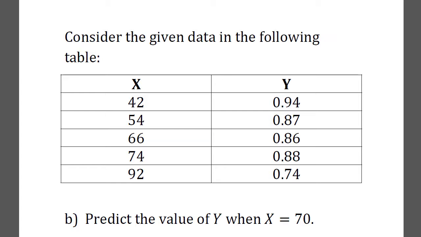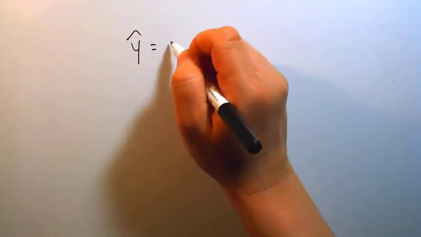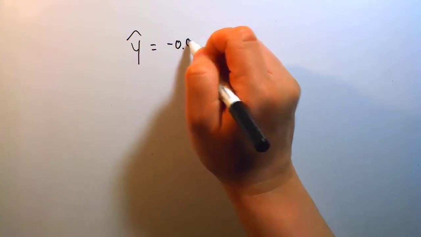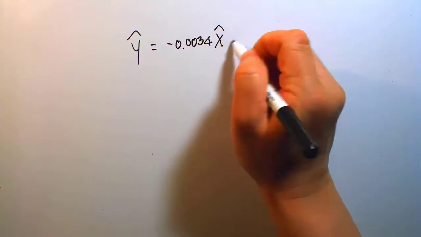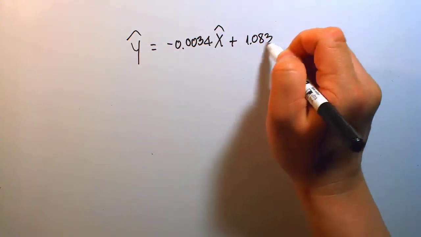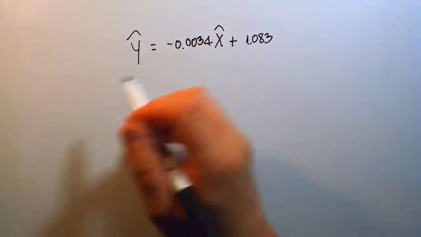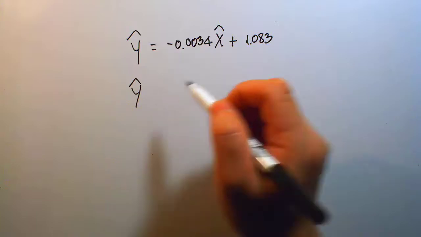So the plan here is that our equation already found, y hat equals negative 0.0034 times x plus 1.083. If carrying out the calculation by hand, then we just simply substitute.